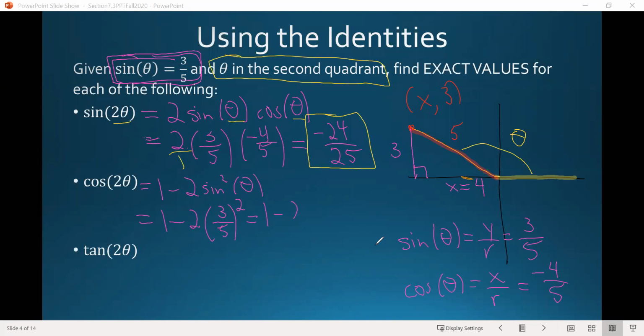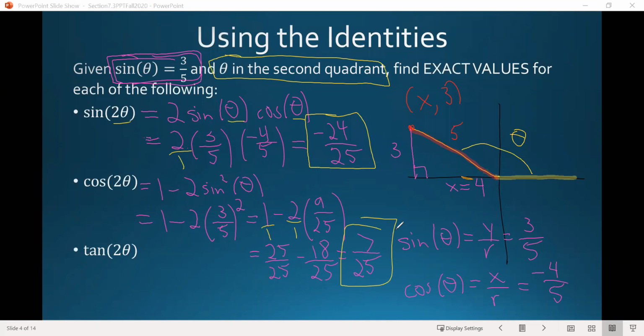This would be 1 minus 2 times 3/5 squared would be 9/25. Do some fraction math here, make this a 2/1, make this a 1/1. Get some common denominators here, so we'd have 25/25 minus 18/25. Looks like we end up with 7/25 for the cosine of 2 theta.